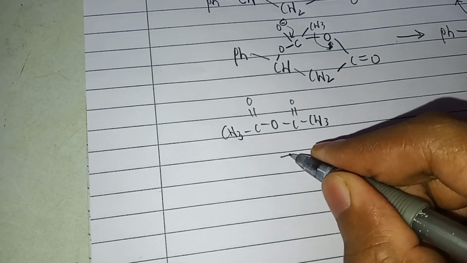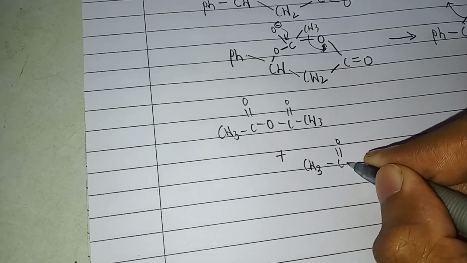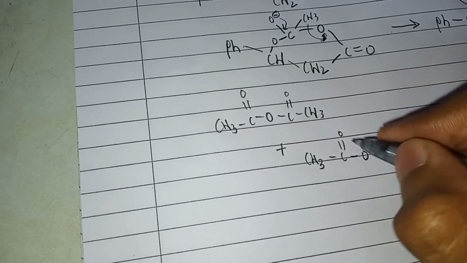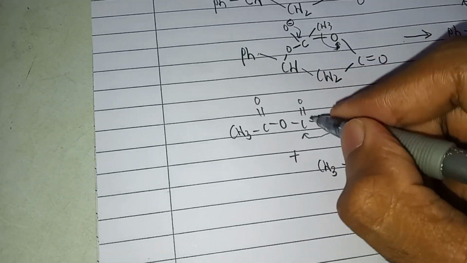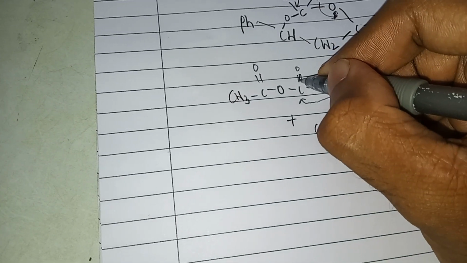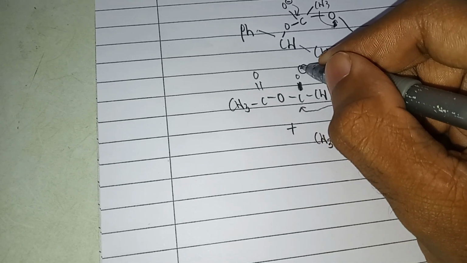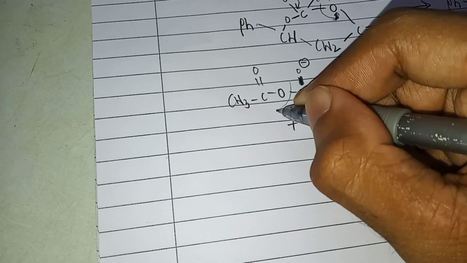And now if you attack with CH3 C double bond O, O minus on this one, that is its salt, then this O minus will attack here. Thereafter, there will be a negative charge upside, and when this negative charge comes down again, then this bond will break.